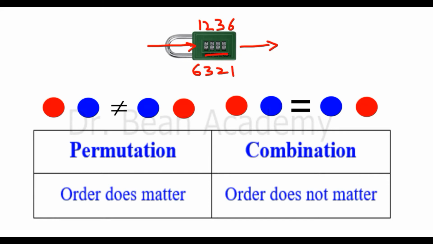Even though you are using the same number of digits and the same digits, the position or order of the digits is not the same. So it means order or position matters in the case of a combination lock. So if order matters, it's a permutation. So it is a permutation lock. If you go shopping next time, ask the shopkeeper if he has a permutation lock.